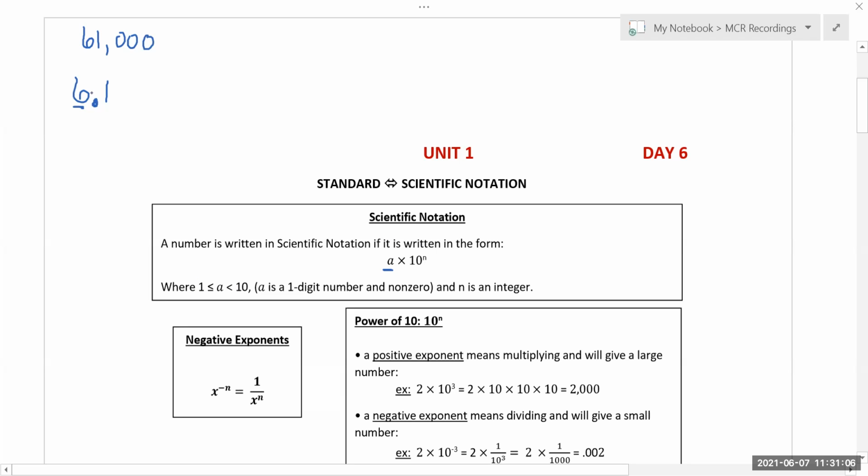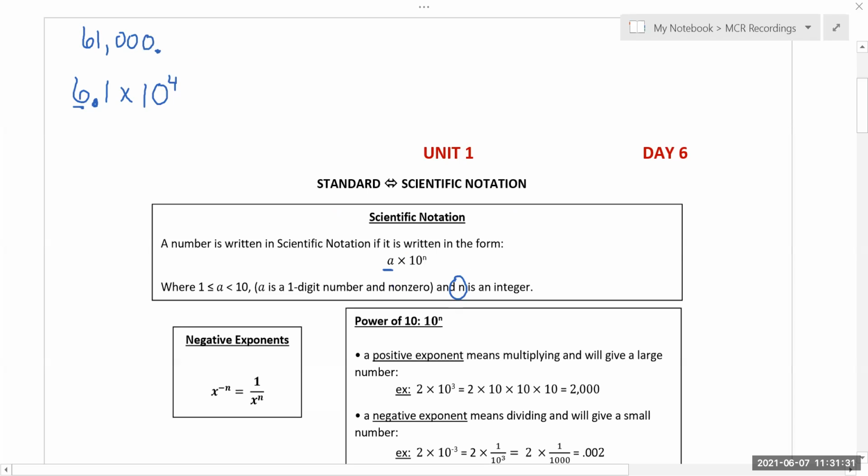And then we put our decimal, put our number, and then you write it to a power of 10, where again, that power needs to also be an integer, and that represents the number of units you moved it. So I moved the decimal. It was here, 1, 2, 3, 4. So to put 61,000 in scientific notation would be 6.1 times 10 to the 4th power.